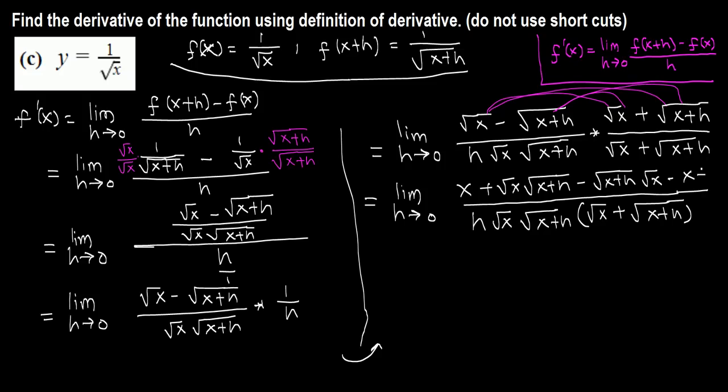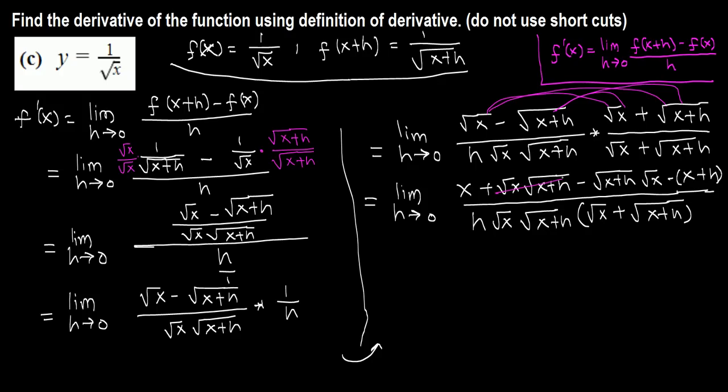That's x plus h. But you need to be careful: there is a negative sign, so we need to put parentheses around. When we multiply by its conjugate, the goal is to cancel the middle two terms, and we should be able to get rid of all the radical signs.